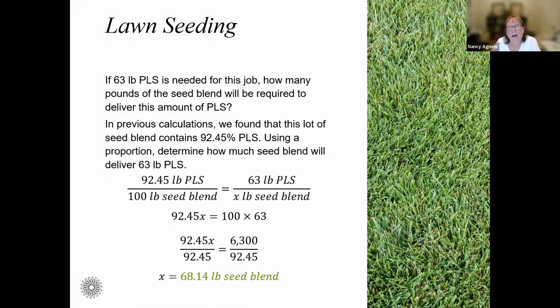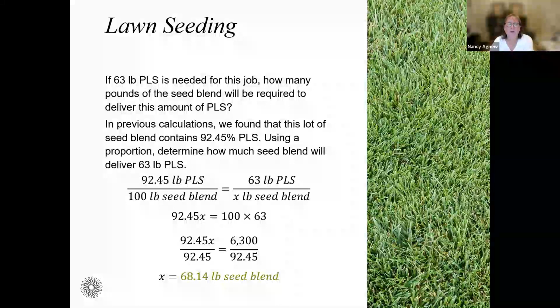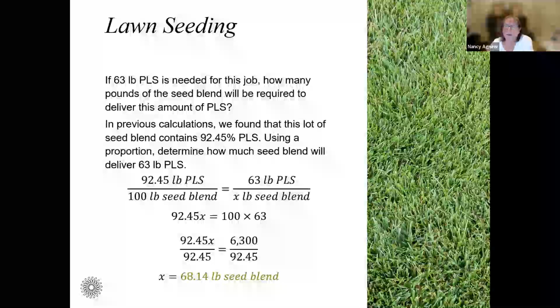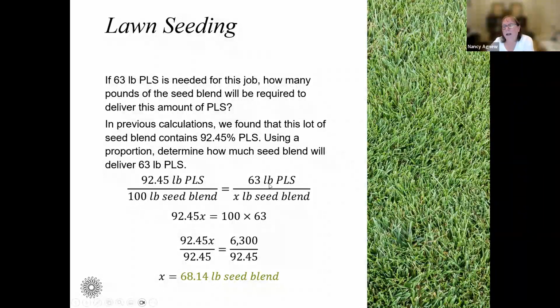So that's 92.45 pounds pure live seed for every 100 pounds of seed blend. And then I need 63 pounds of pure live seed. So how many pounds of the seed blend do I need to use?